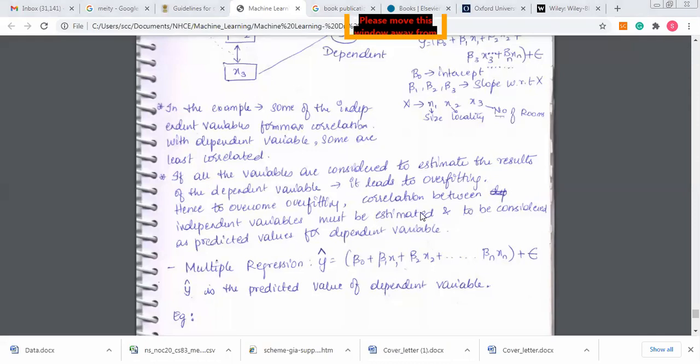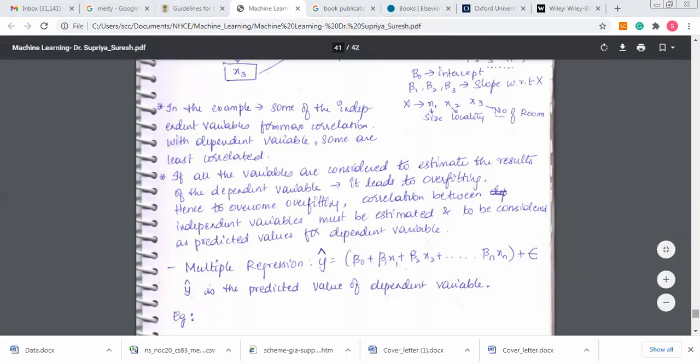What is the importance of a feature? Why do I really need that feature? If I get to know that, the correlation between independent variables must be estimated and considered. So it is really mandatory to identify the correlation between the features.